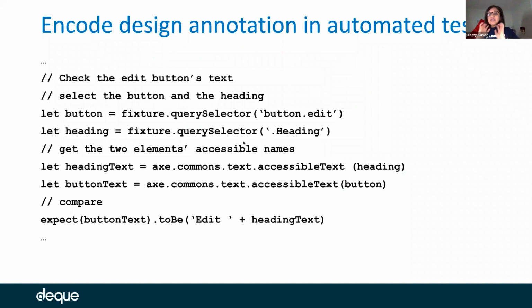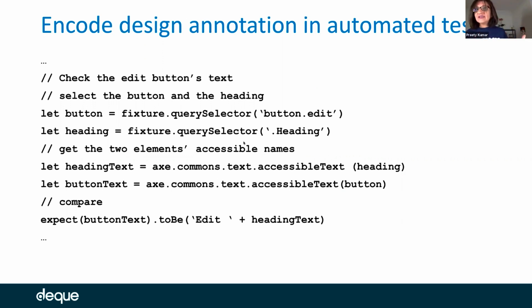You can take the design annotations and encode them into tests, automated tests, which is what we encourage people to do. For example, the same check edit button text: what you would do is say, firstly, get the edit button, and then make sure there is a heading there, and get the 2 elements' accessible names.